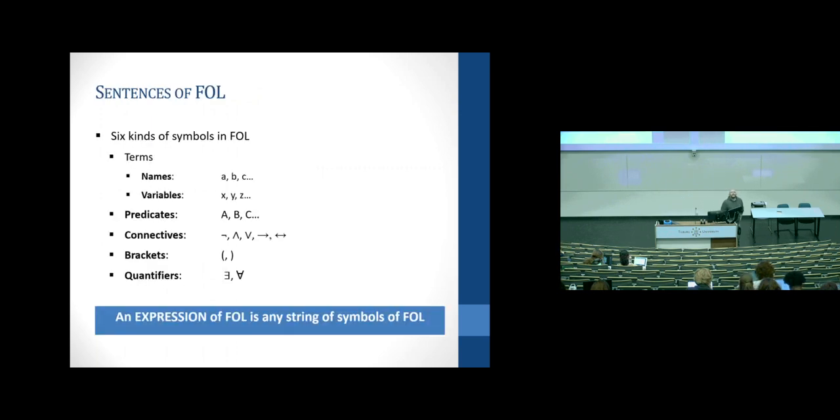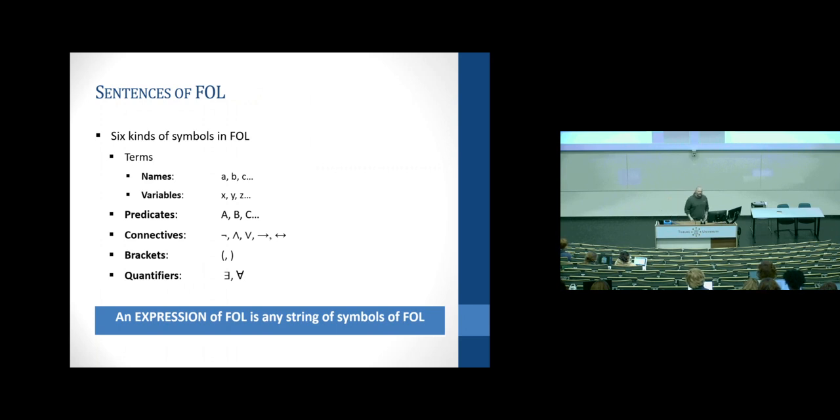So the first thing with regards to FOL sentences is what we started FOL with. Our language is composed of 6 types of linguistic items. We have names, variables, predicates, our connectives we inherited from TFL, brackets, and finally, the existential and universal quantifiers.